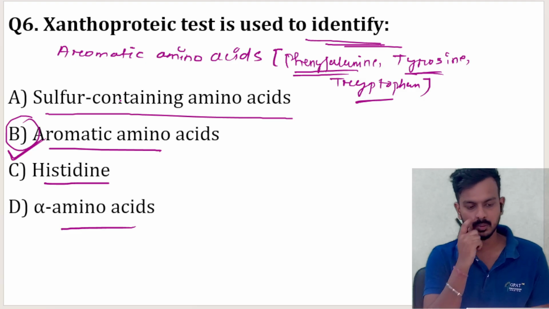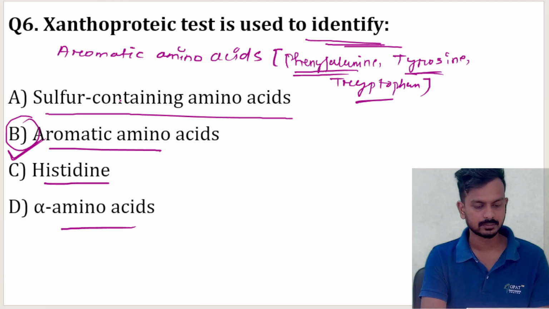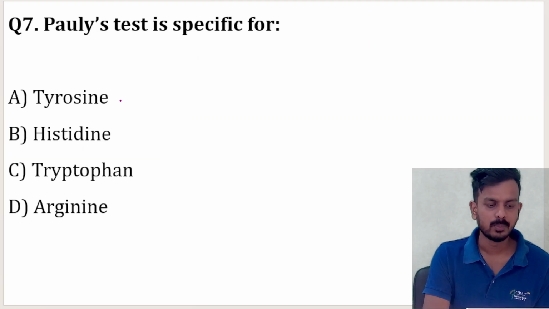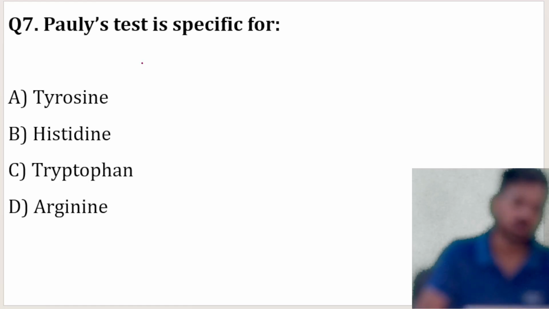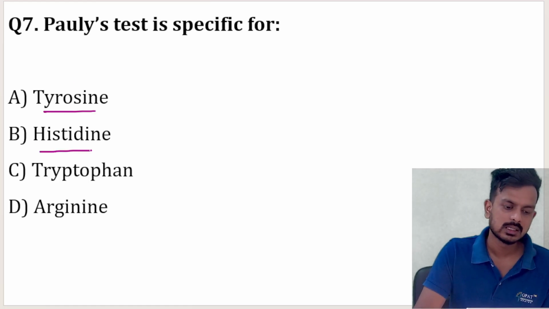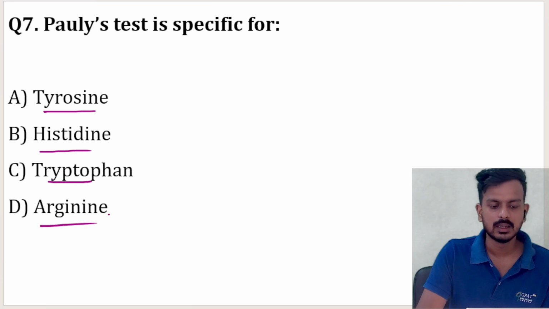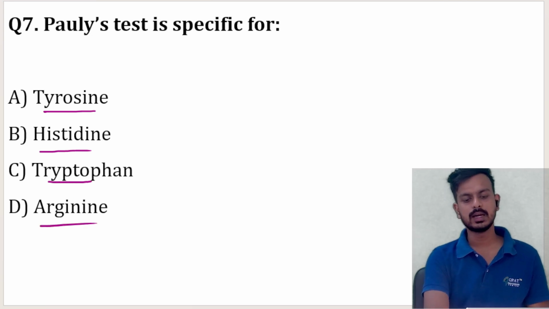Okay, now moving to the next question. Pauli's test is for the detection of tyrosine, histidine, tryptophan, or arginine. Simple, very direct question.